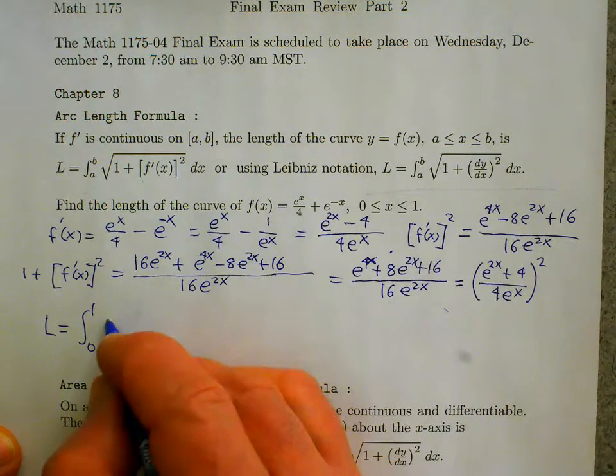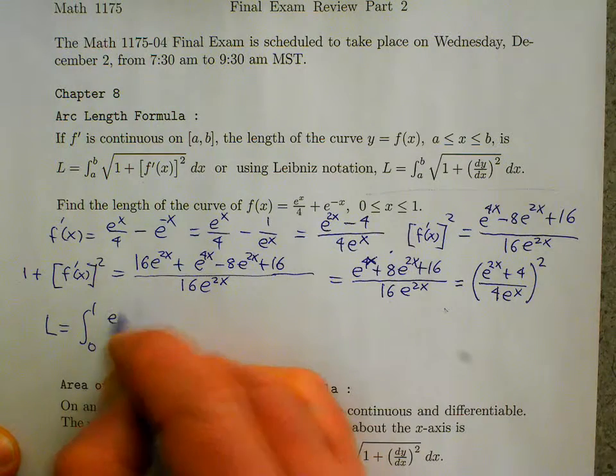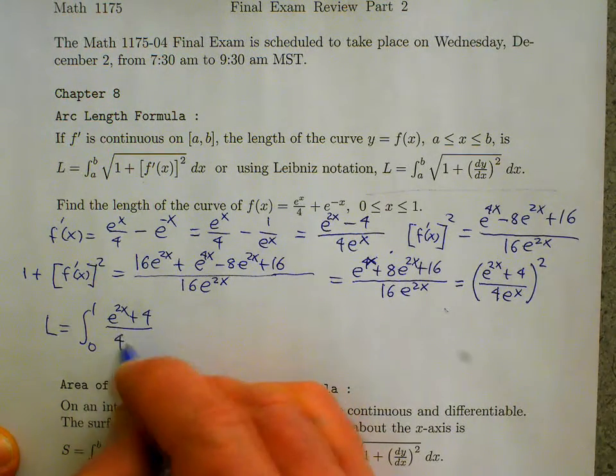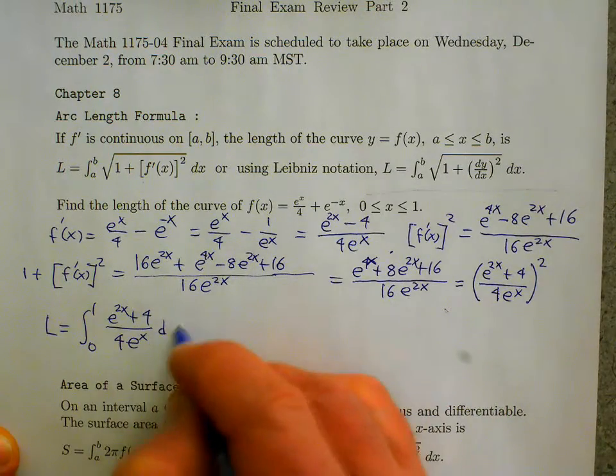So we'll just get e to the 2x plus 4 over 4e to the x dx.